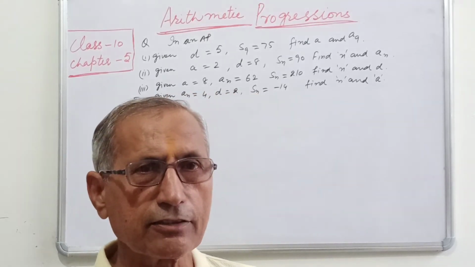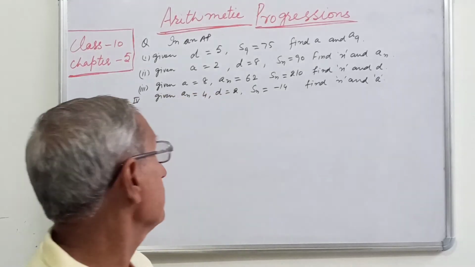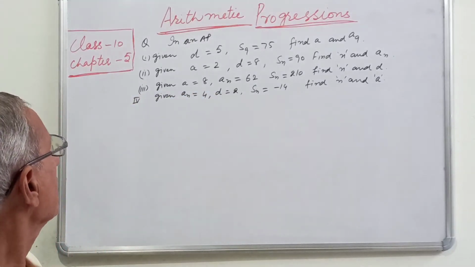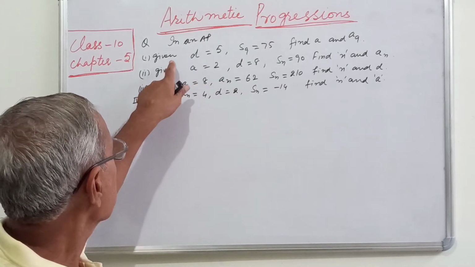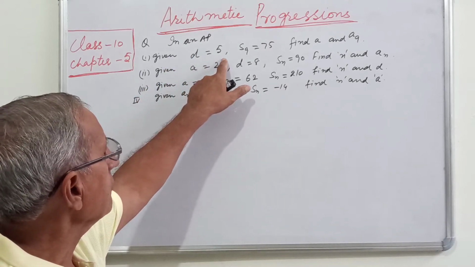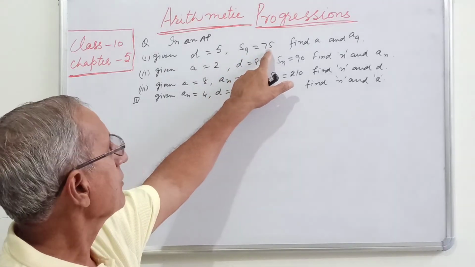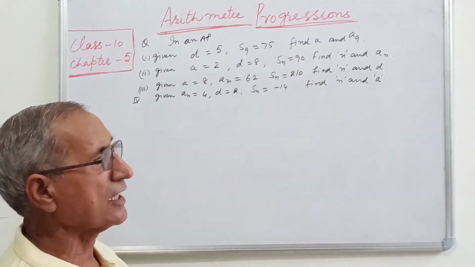So here is another video for you on arithmetic progressions. The question here is, in an AP given d is equal to 5, S9 is equal to 75, find a and a9.